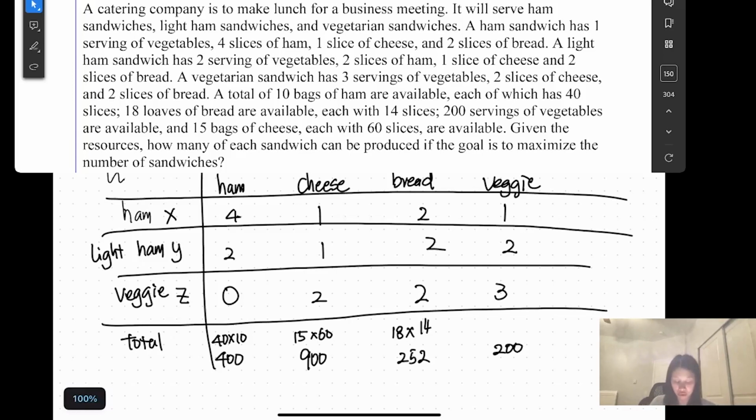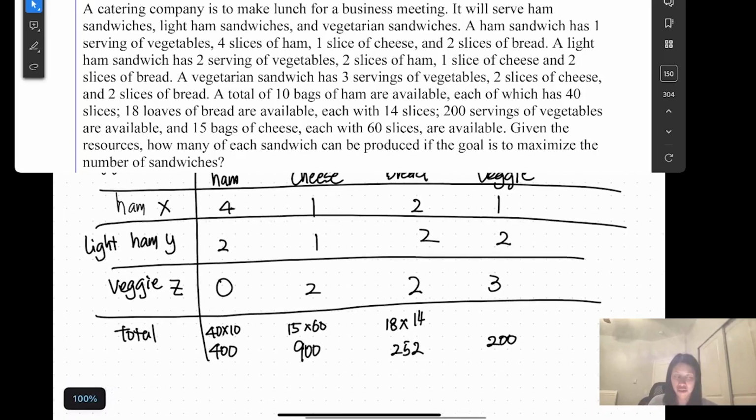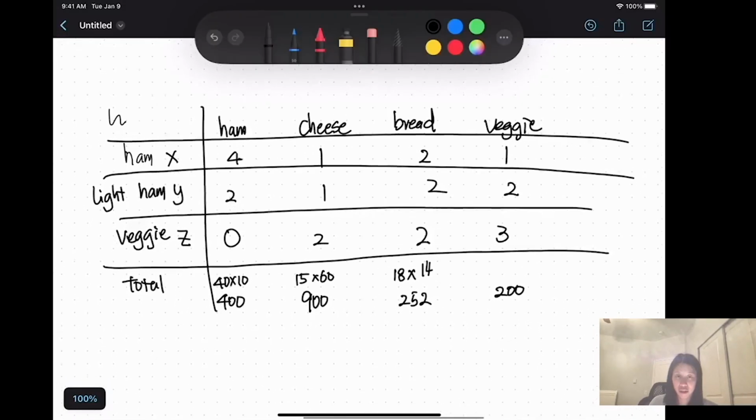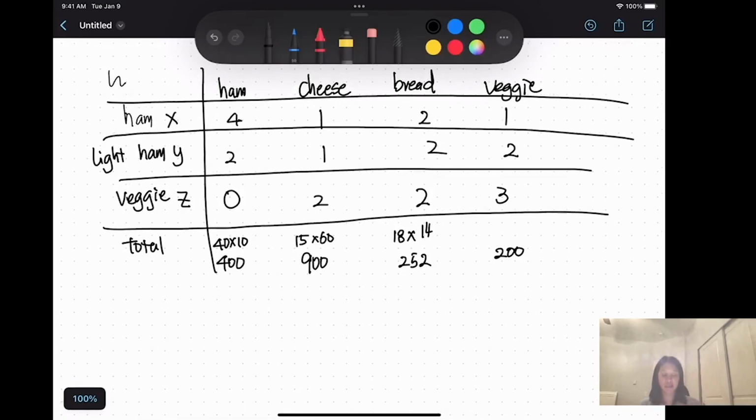So here's the setup of the questions. After that, let me close this up, and then we can set up our equation. So they ask you, hey, what will be the maximum? We can let the maximize function be S or P or any letter that you like.